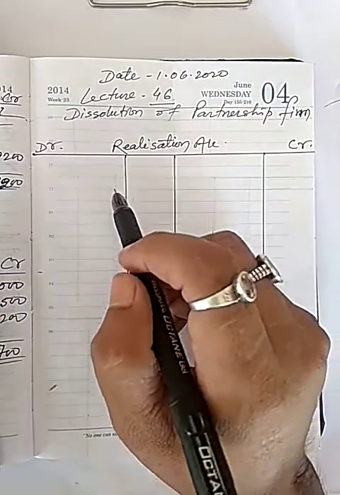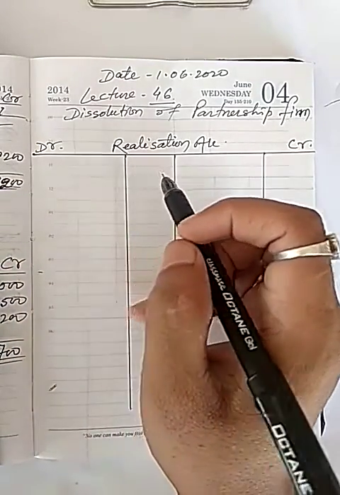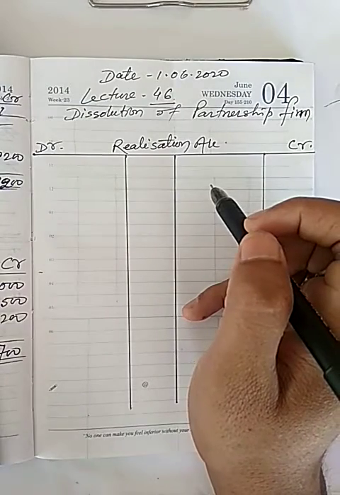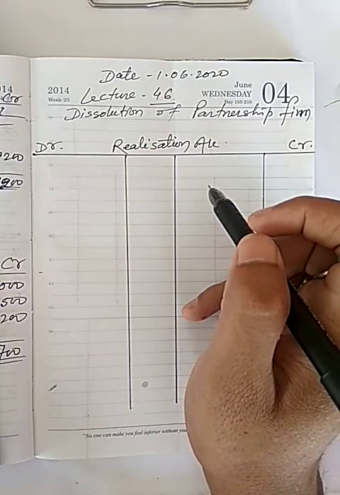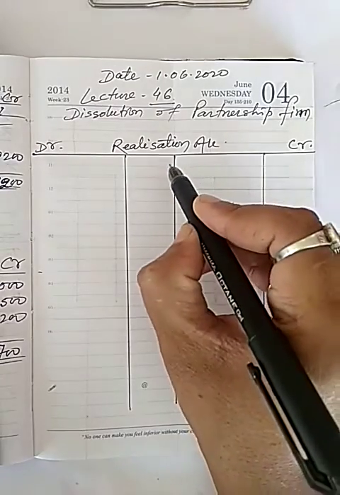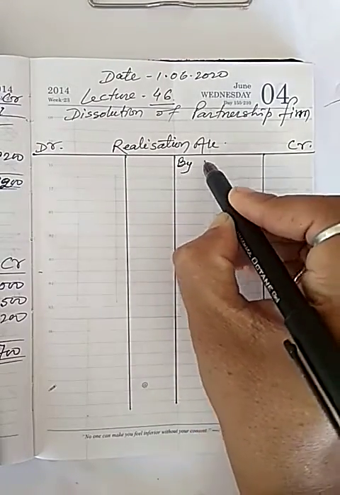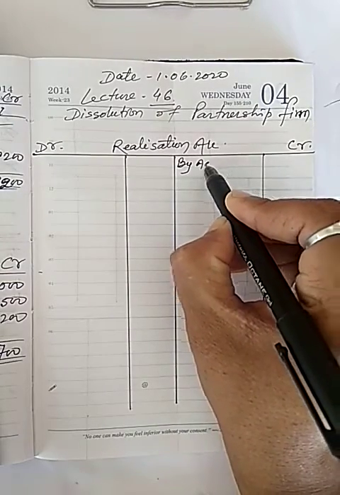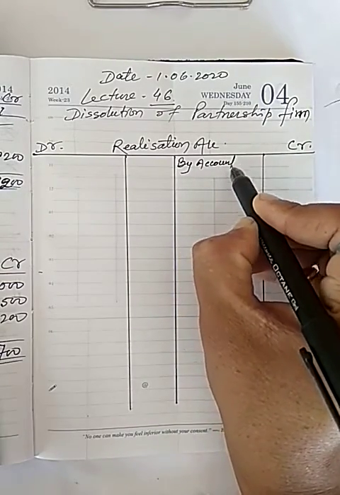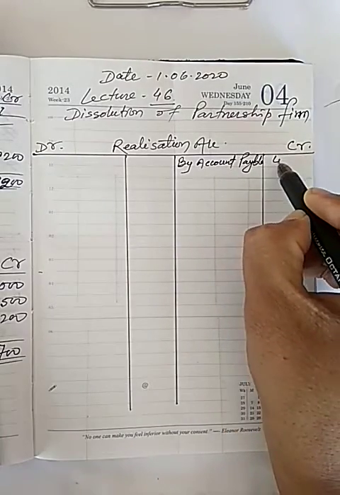So the question says on the liability side accounts payable 40,000 are given. So I will transfer accounts payable 40,000.